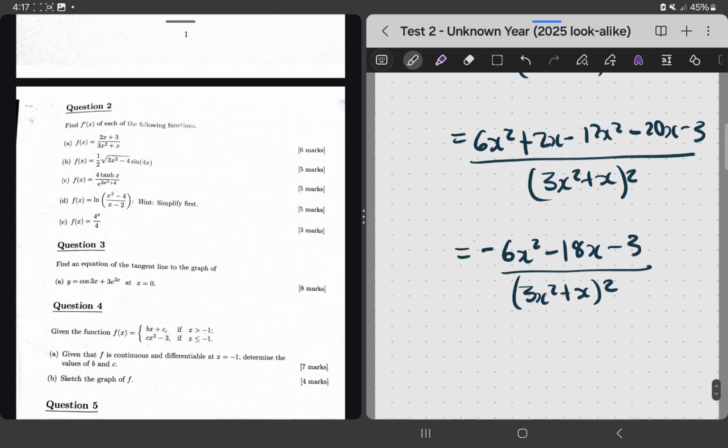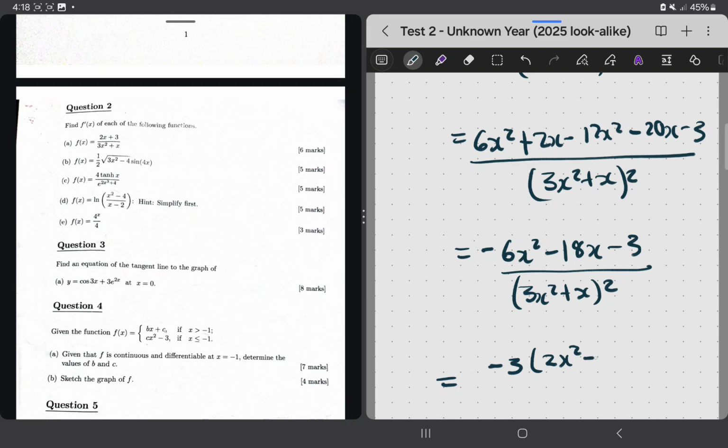Here's your final solution, which you can even just say minus. Then what do you factor out? You can factor out a 3. If you want, you can factor out a minus 3. So it's equal to minus 3 times: here you get 2, because negative 3 into negative 6 is 2, the negative just makes it a positive, x squared.